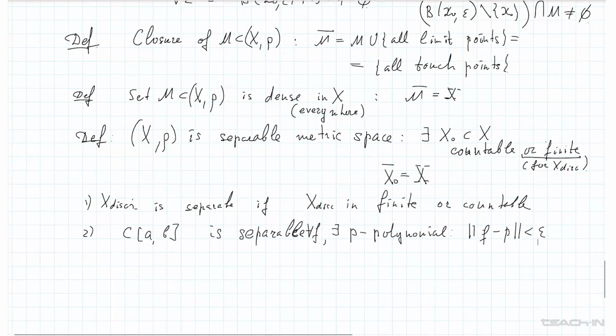And second step, we can consider polynomials of degree n, and we take ci from rational numbers. And the set of such polynomials is countable.